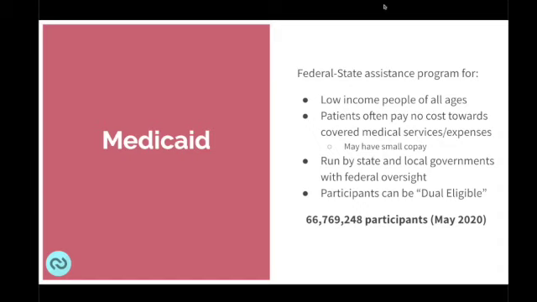So if you qualify for Medicare, so again, being ESRD with a certain disability or 65 and older, you can also qualify for Medicaid. So in the 2020 year so far, there are about 66.7 million participants that are enrolled in Medicaid.